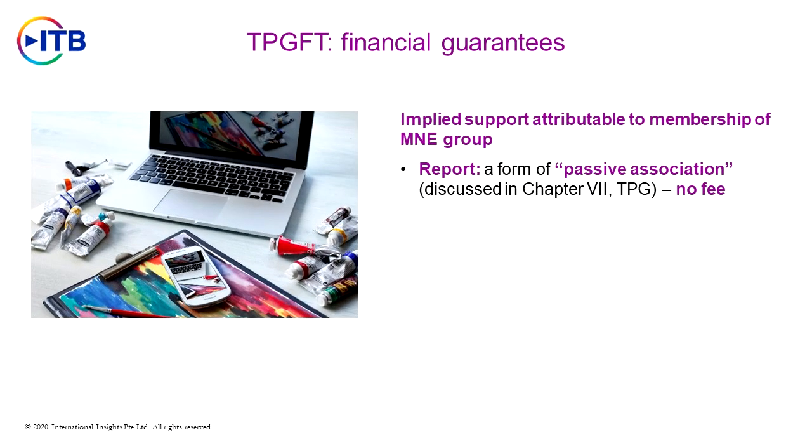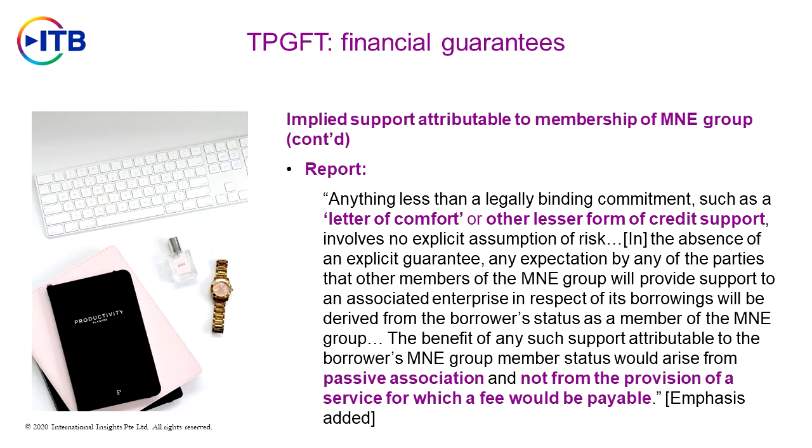The report states that implied support attributable to membership of an M&E group is a form of passive association, which is discussed in existing Chapter 7 of the Transfer Pricing Guidelines, and it therefore does not warrant any fee. The report says this: anything less than a legally binding commitment, such as a letter of comfort or other lesser form of credit support, involves no explicit assumption of risk.